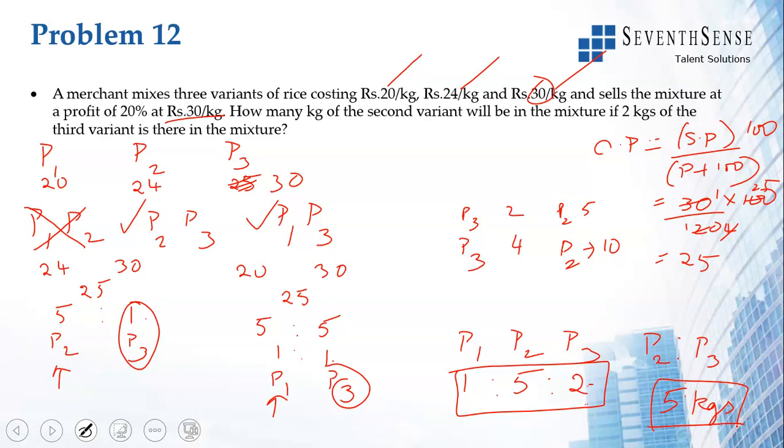It means that 2 units are present, so 5 units of P2 would be there. If 2 kgs are there, 5 kgs of P2 would be present. If 2 kgs of the third variant is there, how many kgs of the first variant would be there? 1 kg, because it is 1:5:2.